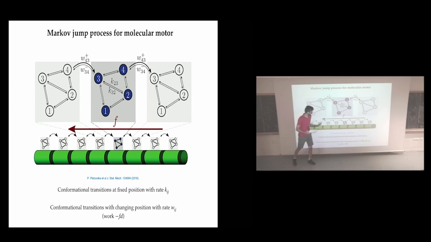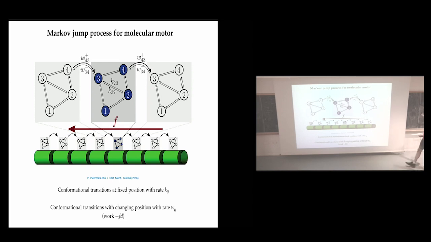When you move on this filament, there will be a force that you have to overcome. You overcome it because you are, for example, hydrolyzing ATP in order to favor this transition with respect to the opposite one. This is a very simplified model.